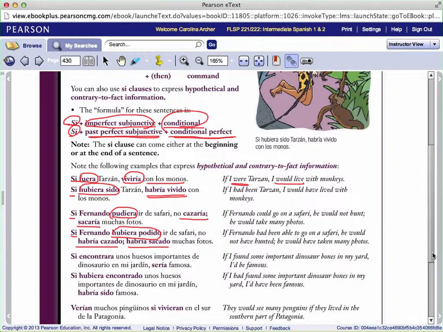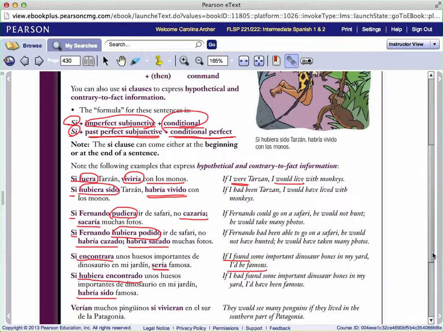Si encontrara unos huesos importantes de dinosaurio en mi jardín, sería famosa. If I found some dinosaur bones in my yard, I would be. Or in the past, si hubiera encontrado unos huesos importantes de dinosaurios en mi jardín, habría sido. I would have been famous.